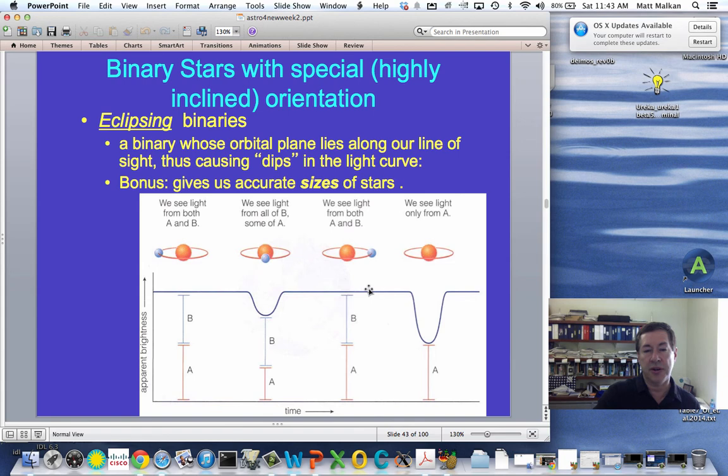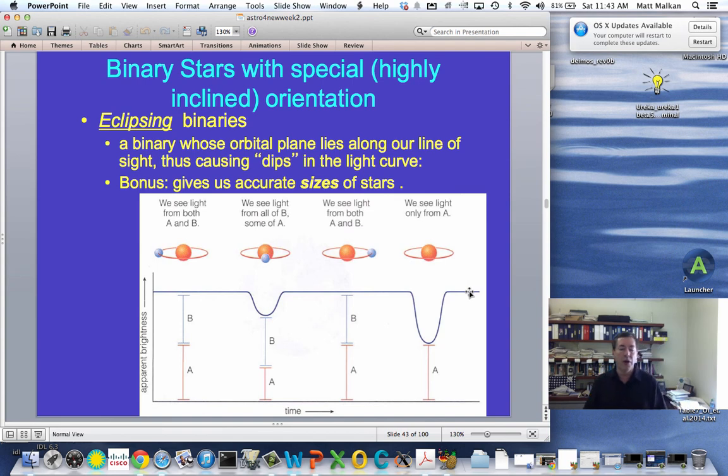Now the little star is on the other side. Whoops! What's happening here? At this point in the orbit, halfway around the other side, the little star is behind the big star. And like I said, stars are opaque, so we don't even see the light of the little star. It's completely covered up by the big star, so at the bottom of the eclipse, we're only seeing the light from the big star, and that's all. And then the little star comes out from behind, and we can see both of them again.